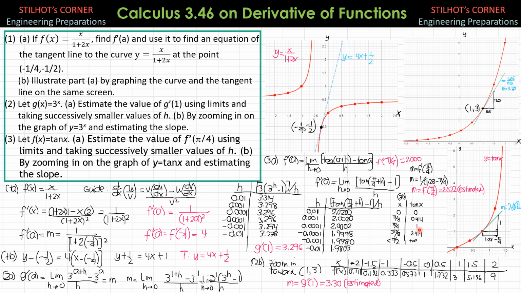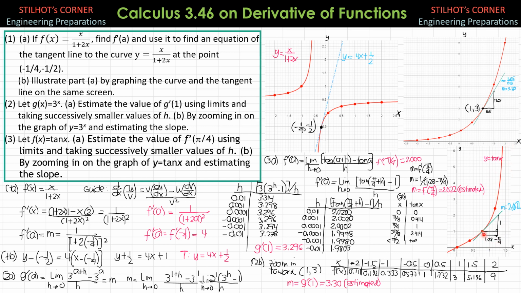Tangent of pi over 4, tangent 45, is 1. So that's why it's 1 there. And tangent of 3 pi over 8 is 2.414. And tangent of a value just to the left of pi over 2 is positive infinity. That's why it rises there.